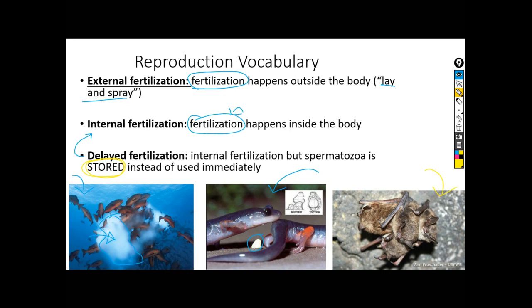So I've got one example up here, bats. Okay, but there are several species that do this. Some desert lizards and desert mice, for example, do it. So the key behind this, and some rabbits as well, now that I'm thinking about it, is the reasons that you might not, for example, want or need to use the sperm or spermatozoa right away.